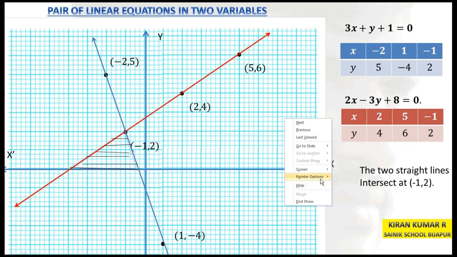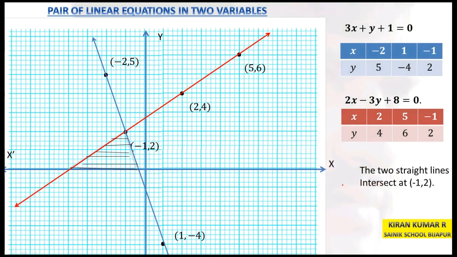Let me show you that. Yes. Let me name these points. Let me name this as A, as B, and this as C. Now these vertices A, B, C are the vertices of the triangle. To find the area, you know that area is half base into height.